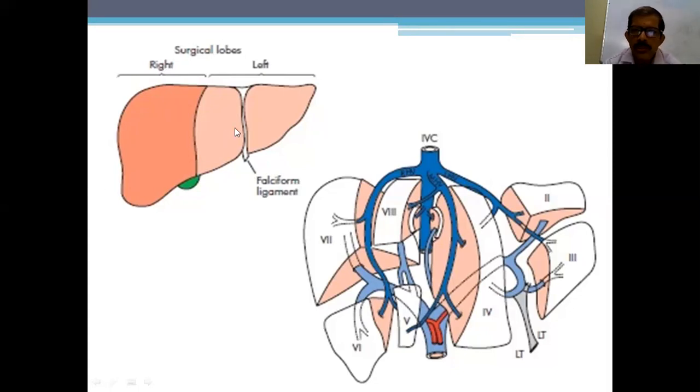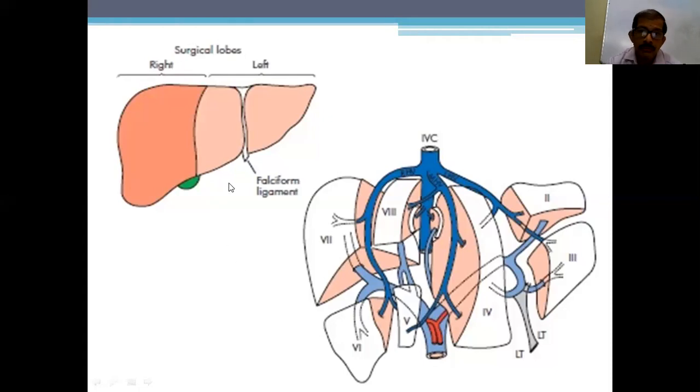So that is the reason why, though there is hepatomegaly, you may not find it. Yes, you are correct. The portal system is the direction. That's what I am explaining. So the direction is towards the seventh segment. This is the superior and posterior segment also.